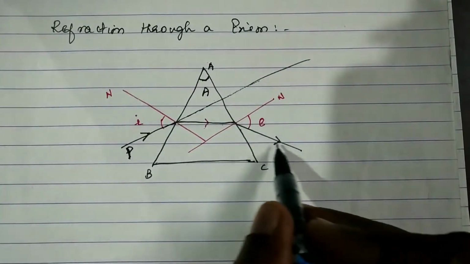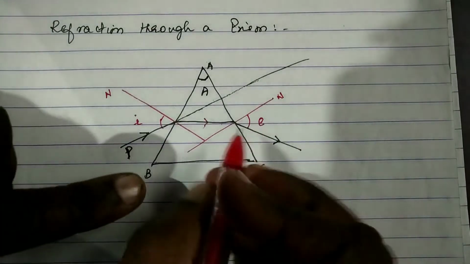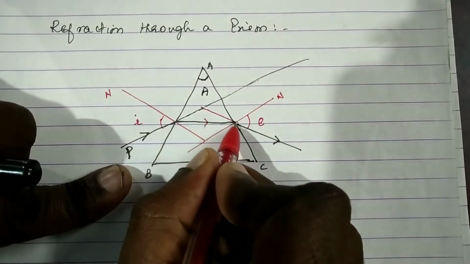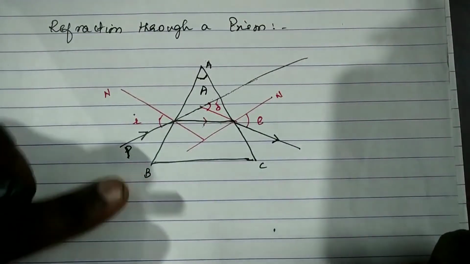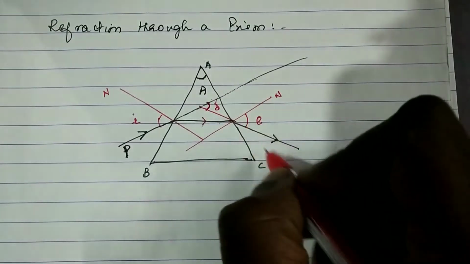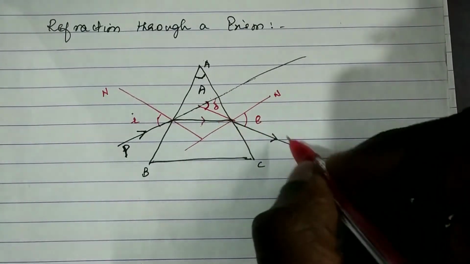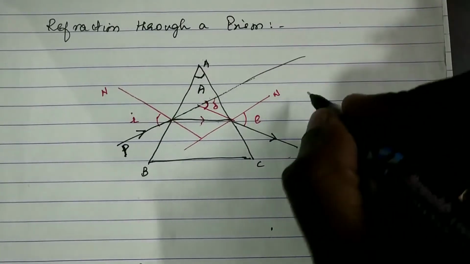But the direction is in this way. Just produce it backwards. So what will happen? So this is delta. See, this is the angle of deviation. Just I am noting down everything.